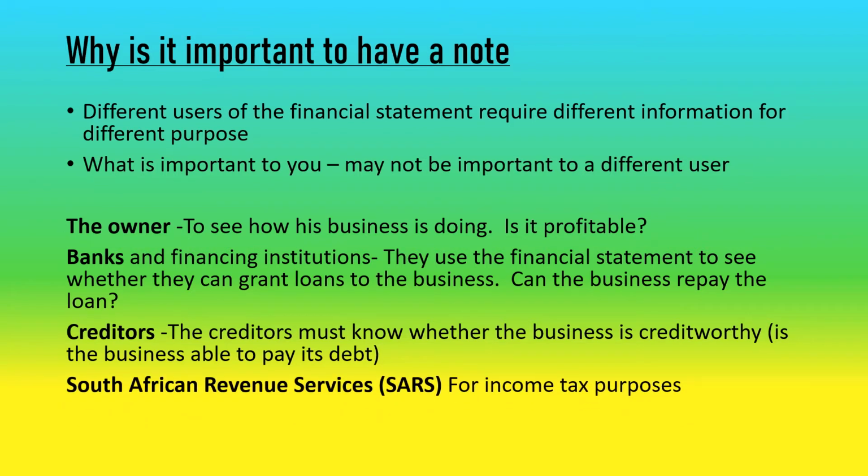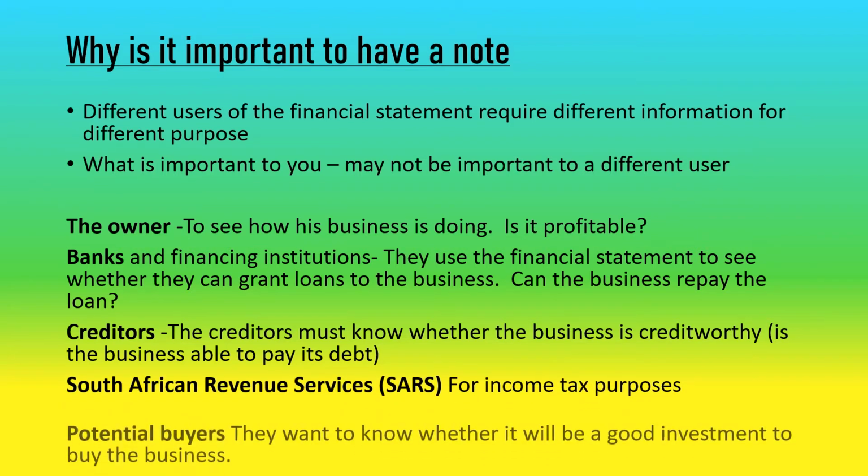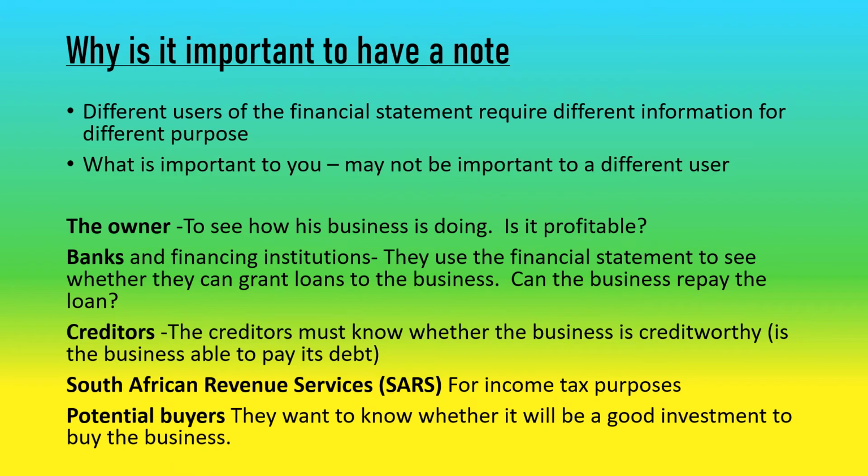SARS would like to know it for income tax purposes. And then you have potential buyers. They want to know if this business is a good investment to buy. Therefore, you can see that not everybody uses the financial statement in the same way. Different people have different interests, and therefore they want different information. And the notes will help you get that additional information.